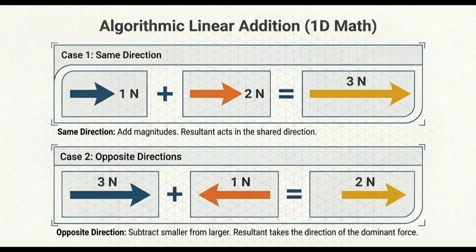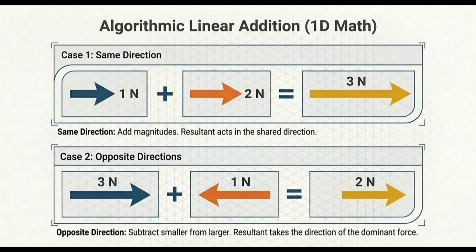If the forces act in the same direction, we simply add their magnitudes. For example, 1 Newton plus 2 Newton equals 3 Newton, right? However, when forces act in opposite directions, we subtract the smaller force from the larger one. In this case, 3 is the larger force and 1 is the smaller force, so we subtract 1 from 3, which gives you 2.